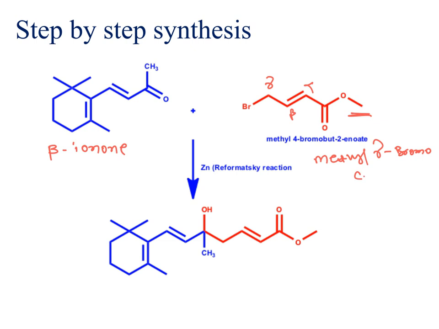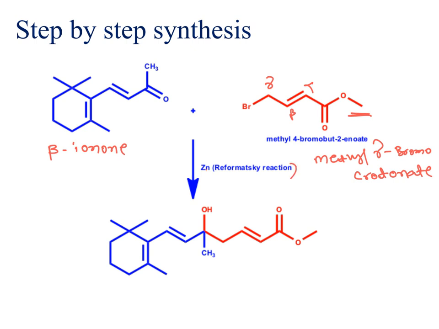It is an ester, a derivative of crotonic acid. So the reaction is between beta-ionone and methyl gamma-bromo crotonate in the presence of zinc.